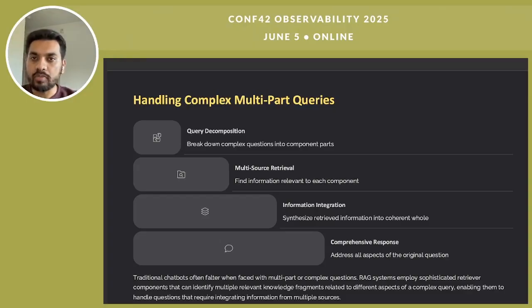And then each component is individually queried against the vector store. The system can then pull from multiple domains or knowledge clusters. And then the retrieved snippets are fused using either concatenation or a specialized summarization layer, fusion-in-decoder. Then the language model generates a comprehensive unified answer that covers all parts of the input, something which is very difficult to achieve with a traditional bot.